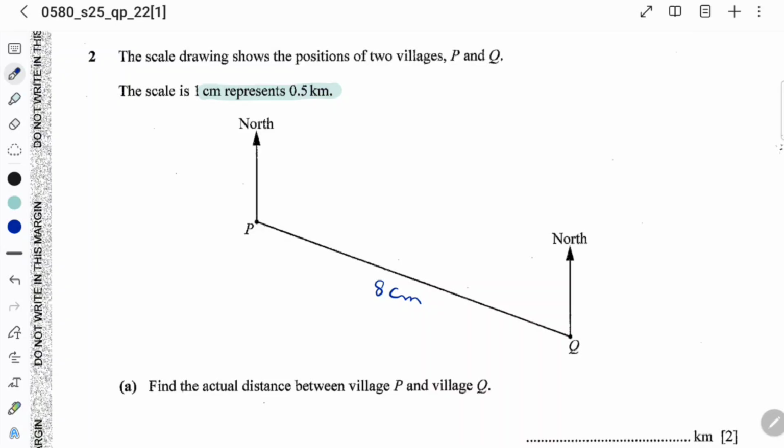But it's a 2 marks question, so you measure it, then 1 centimeter equals 0.5 kilometers and 8 centimeters will be how many kilometers. You can do it by the ratio method. X equals 8 times 0.5, 8 fives are 40, then it is 4.0, which means 4 kilometers is the answer for this question.